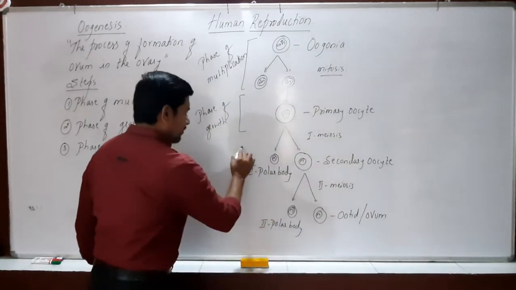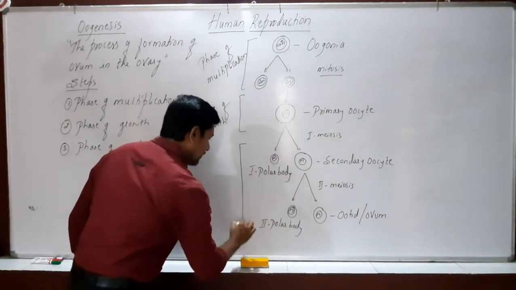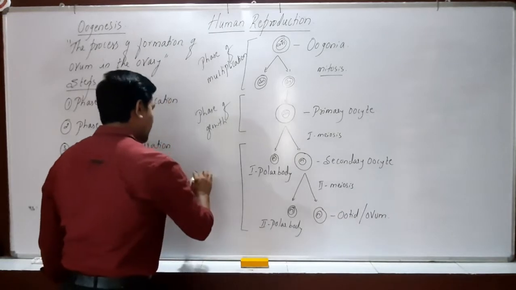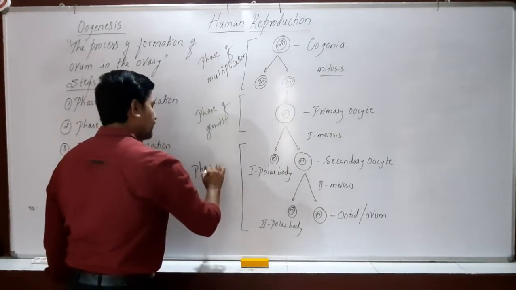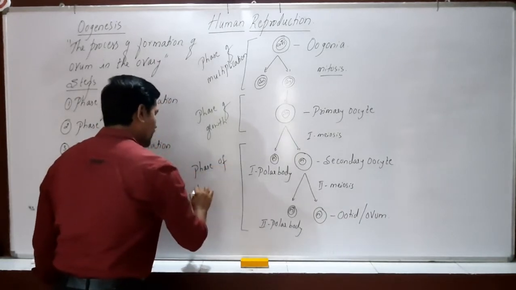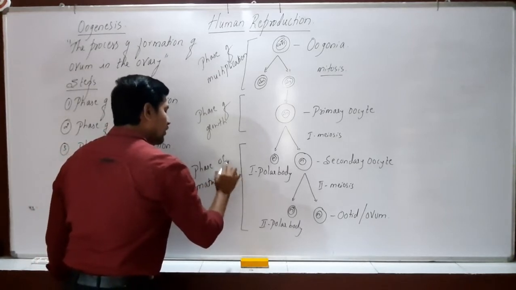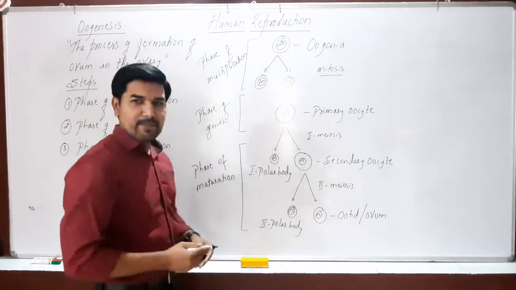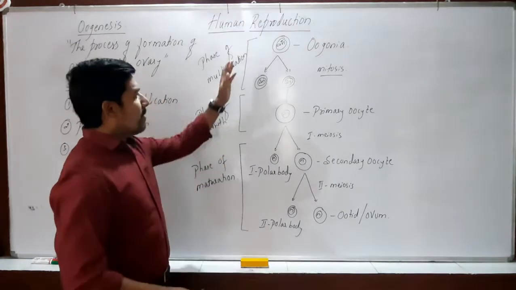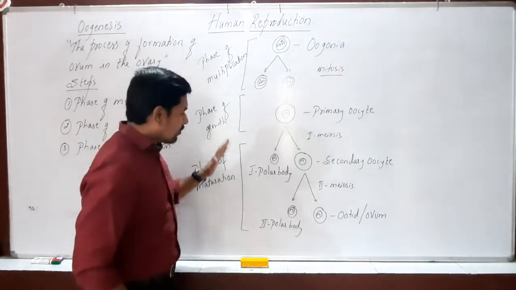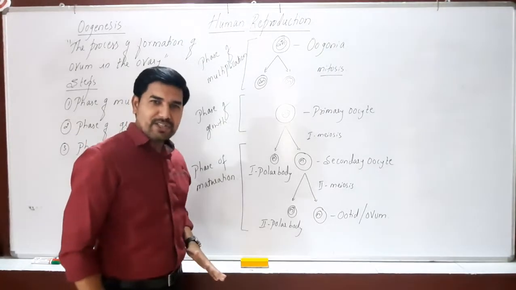And this process is called the phase of maturation. Now look at all the three phases here: phase of multiplication, phase of growth, phase of maturation.